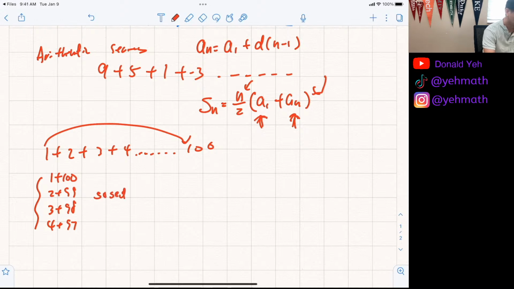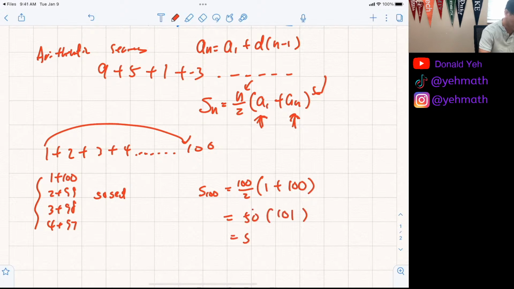Why 50 sets? Because if you have S 100, it's 100 divided by 2, so that's 50. The first term is 1, the last term is 100, so that's 50 times 101, which is 5050. That's how you come up with the solution.